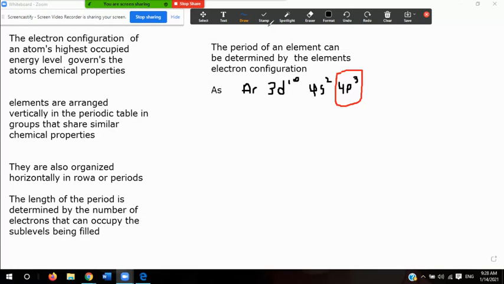If I look at the end of the electron configuration, I know that the highest energy level occupied in arsenic is 4. Again, the 4p basically indicates that arsenic's highest occupied energy level is the fourth energy level. So by knowing that, we can say that arsenic is a fourth period element.